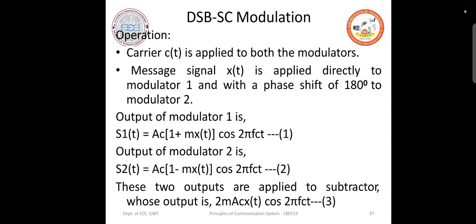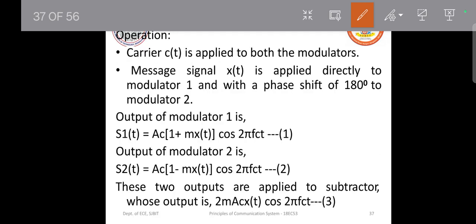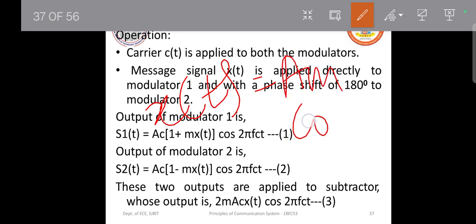Now for the time being, if you take the example of the single tone case, x of t becomes Am cos of omega mt. So if you take Am cos omega mt and multiply it with cos 2 pi fct, or cos omega ct, you use the cos a cos b formula, which is 1 over 2 into cos of a plus b plus cos of a minus b.